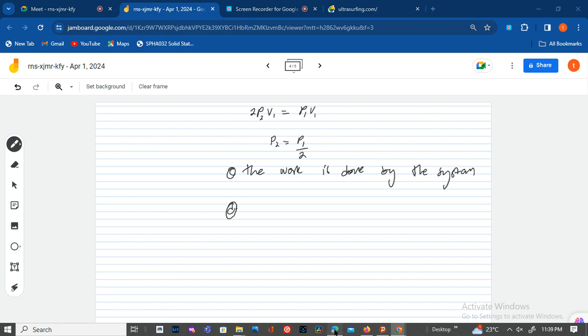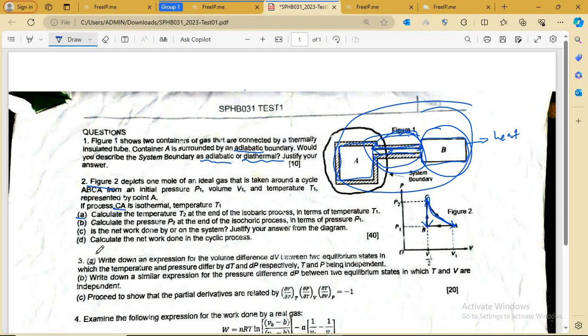Number D, calculate the net work done in the cyclic process. How do you calculate work done for such processes? So you have to use the first law, second law of thermodynamics.